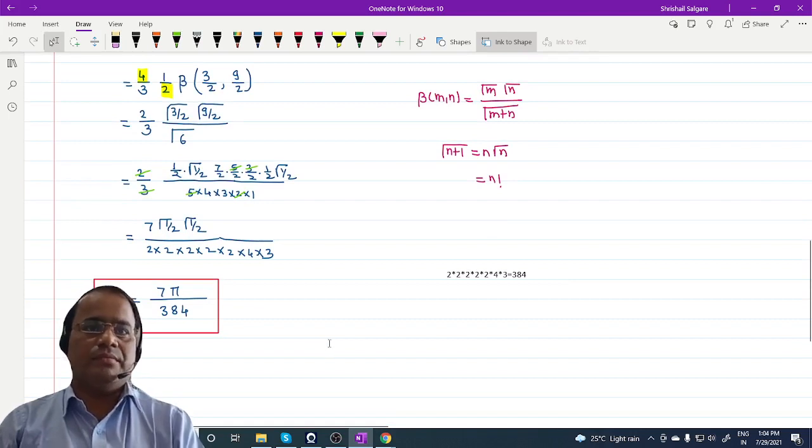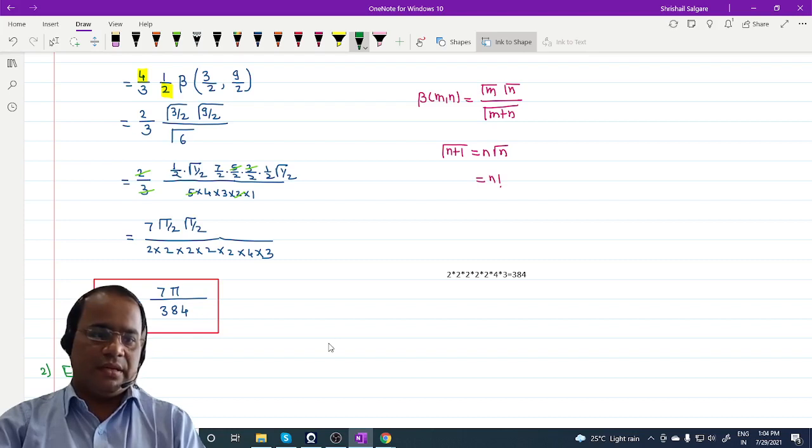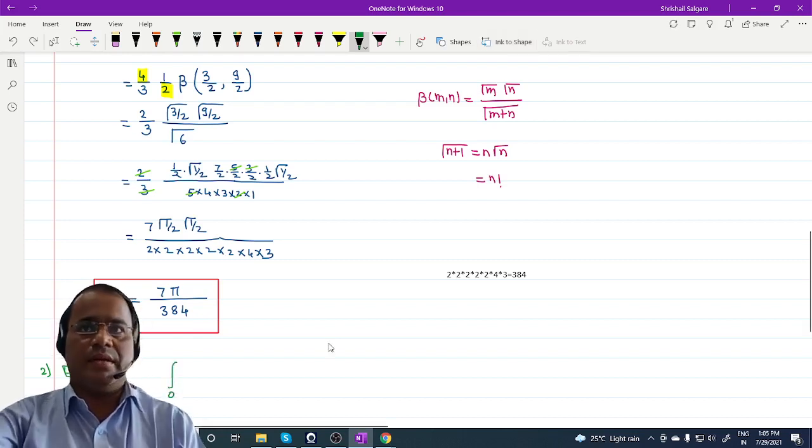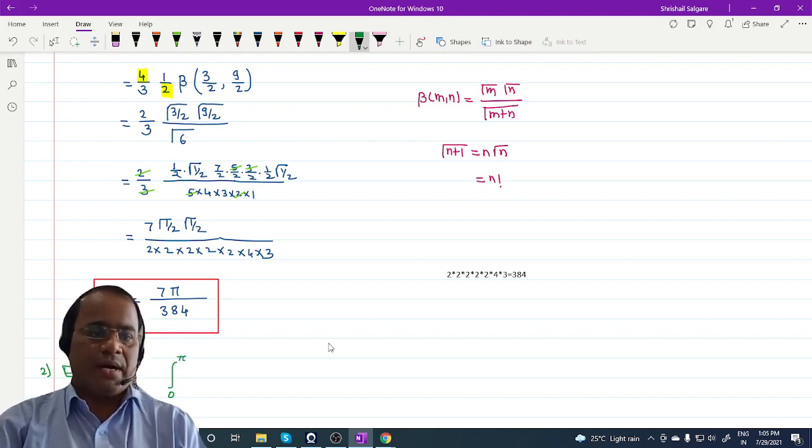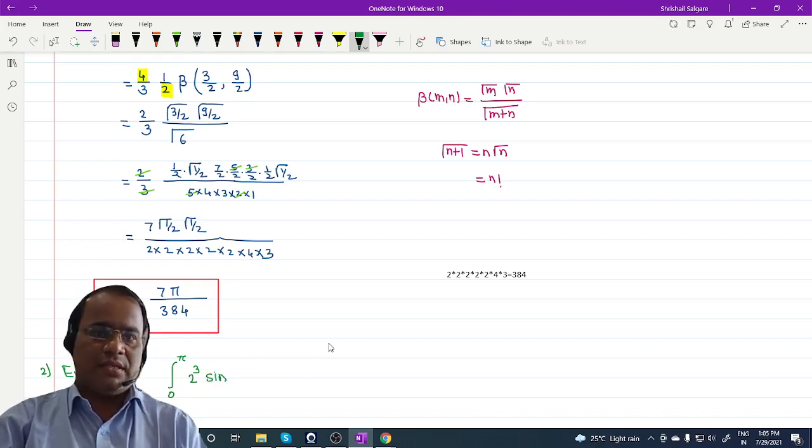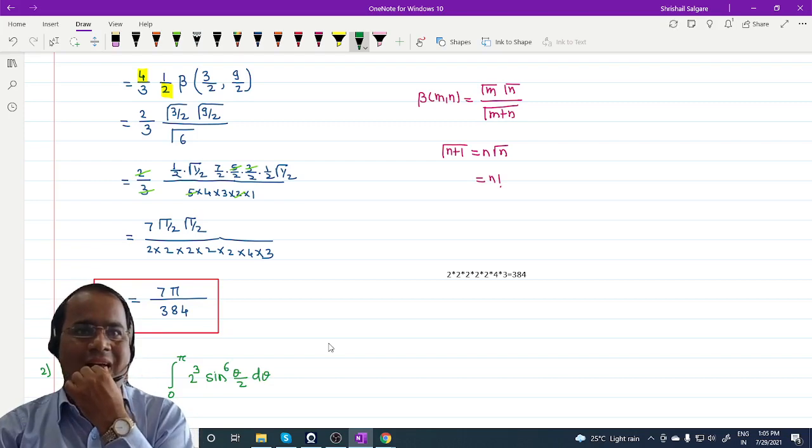Okay. So today I will take an example on the second definition. Suppose we evaluate the integral from 0 to pi of 2 raised to 3, that constant term, into sine theta by 2 raised to 6.